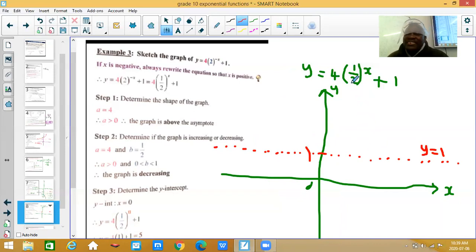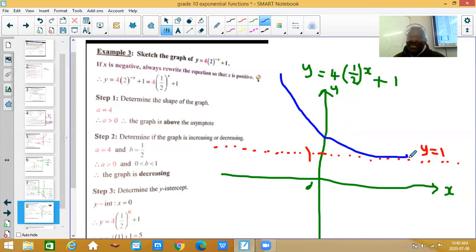Let us look at this one, half. If B is between 0 and 1, how is our graph going to look like? Curving this way or curving that way? The second one. So we are saying, because this one is a fraction, our graph, since we are sketching, will curve something like this.